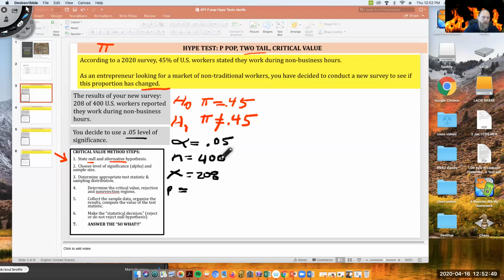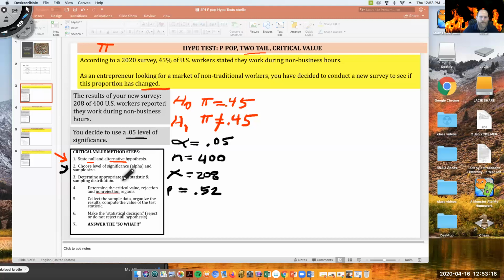So 208 divided by 400 is not a whole pizza. It's about half of one. Okay. So that takes us through level of significance. That's alpha, 0.05, because that was given to us right here. And our sample size, which is up here. So that takes us through number two.